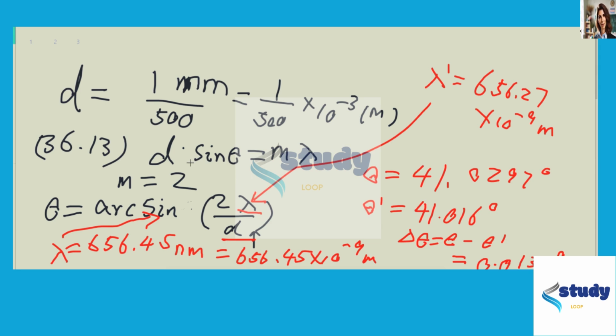What we need to notice here is the resolution, how they resolve the two different lights, because at the same order, the maxima have a slight difference.